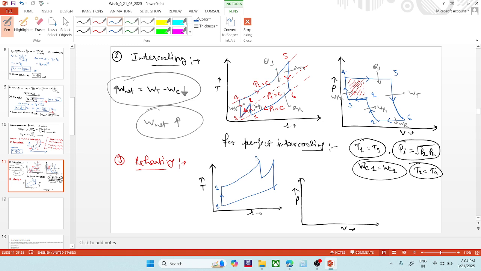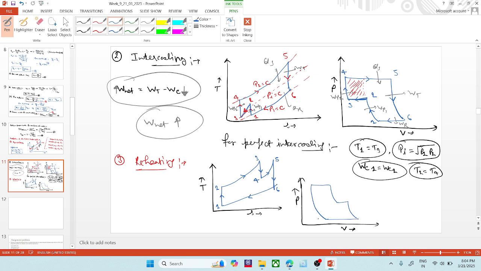So 2 to 3, the heat is added in the first combustion chamber. 3 to 4, it is expanded in the first turbine. 4 to 5, heat is added in the second combustion chamber. 5 to 6, it is expanded in the second turbine. Then 6 to 1, the heat is rejected. If we draw this in the PV diagram, it will be like this only.